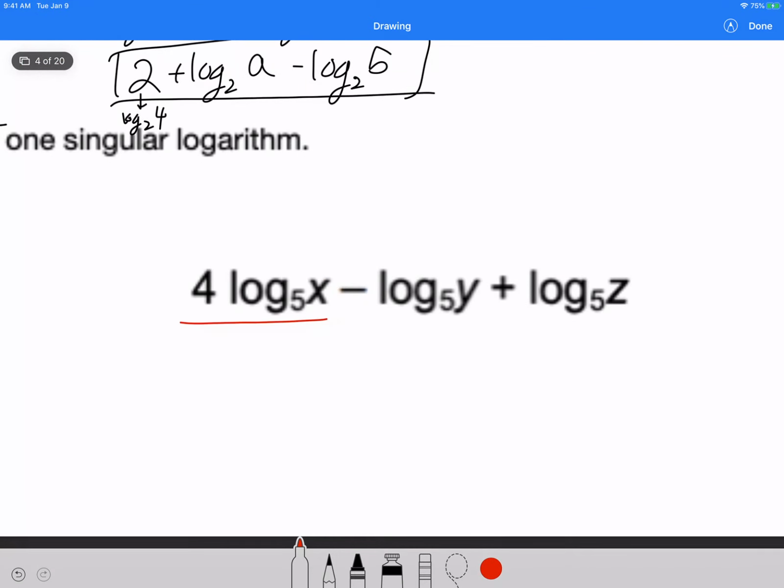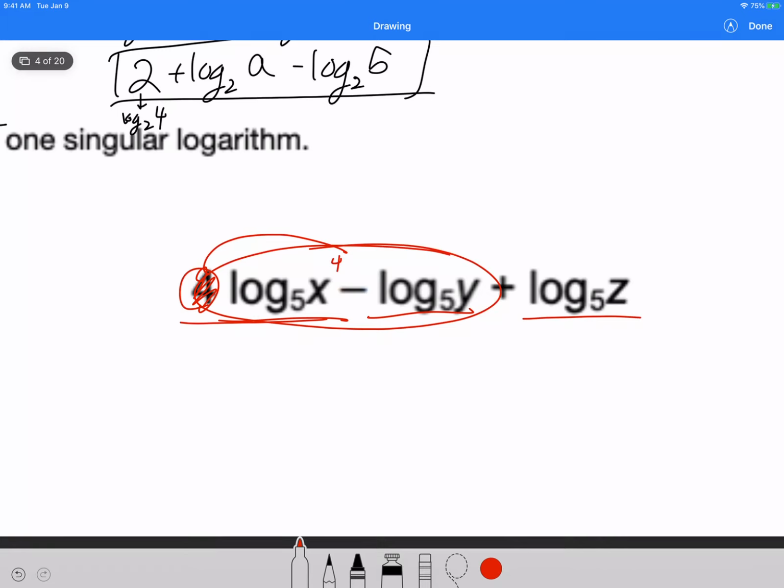Next, 4 log, so this one power rule first, and then you should pretty much do log base 5 of x to the 4th power first. And then I'm just going to go in by order. So here what I'm going to do is log base 5 of x to the 4th power minus log base 5 of y. That means I'm going to use the quotient rule and say log base 5 of x to the 4th divided by y.